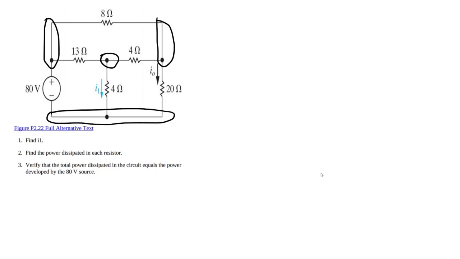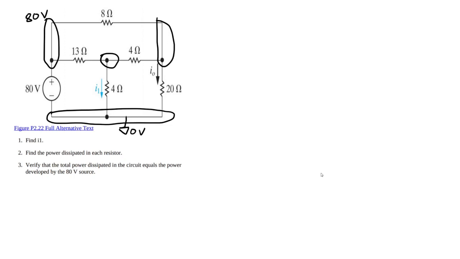So all of these are shared connections with these different components. So I'll set this as my ground, which will automatically make this 80 volts. Doesn't matter where you put your ground, but generally it's a good idea to put it where there are the most number of connections.